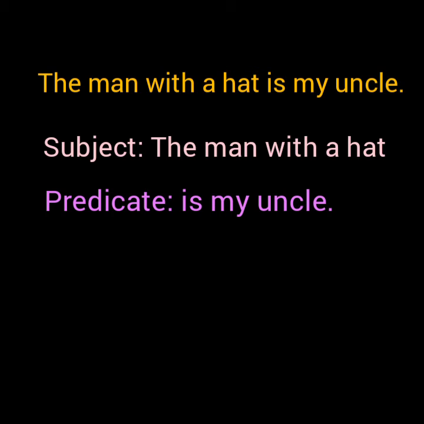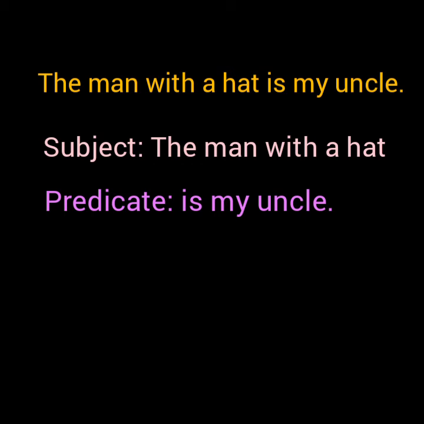Here the verb is is. Once you find out the verb, it is very easy to find out the subject because whatever comes before the verb is will be counted as the subject of the sentence.